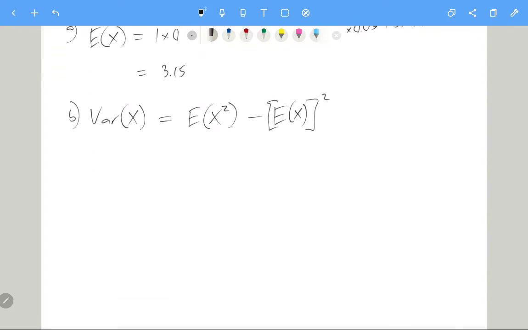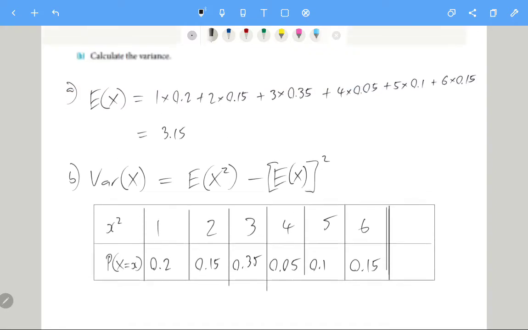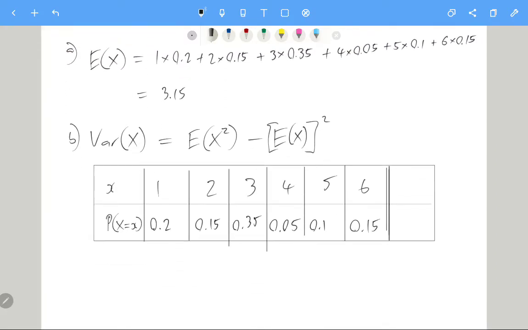So first of all, let's do up our distribution table. This is just my original table. What I want to do now is square it, so I work out what each of my x squareds are. It's going to be 1, 4, 9, 16, 25, 36.